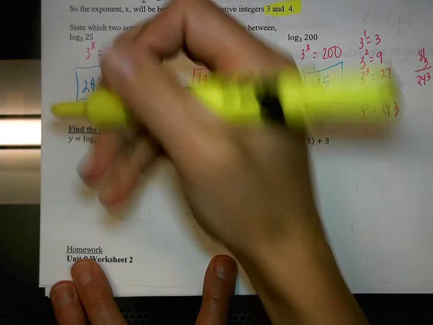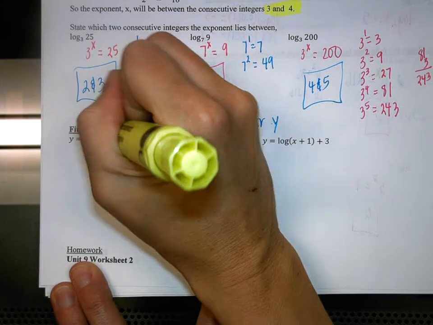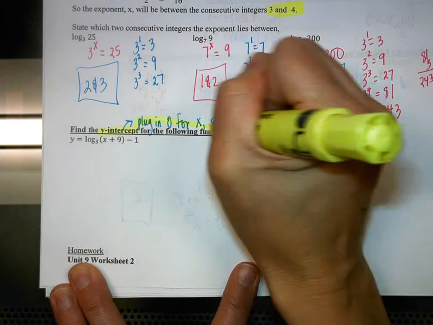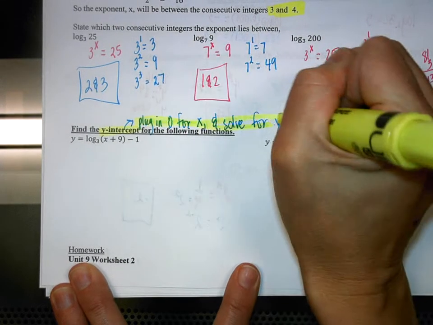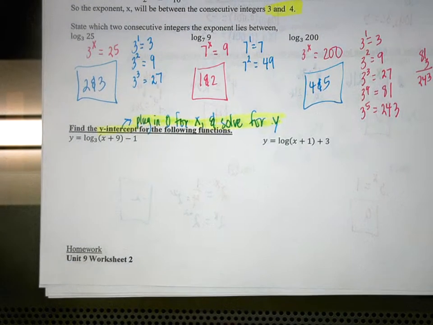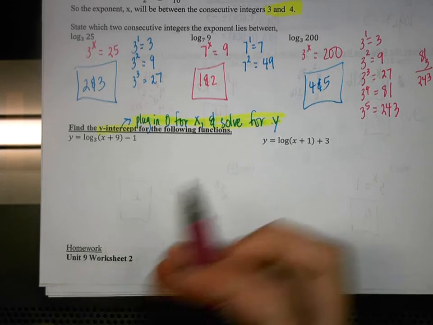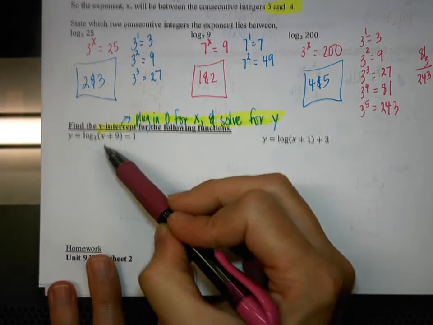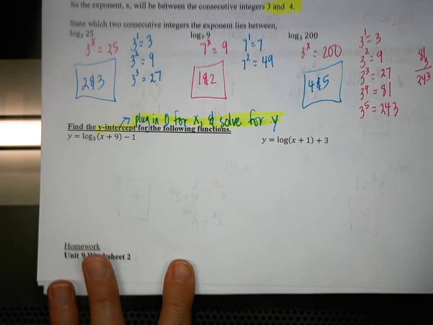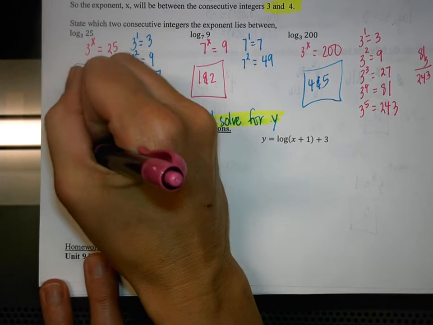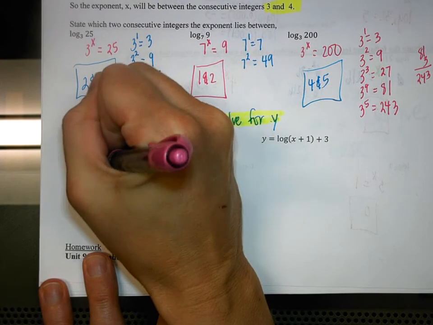Okay, so y-intercept, I'm going to highlight this so that I can see it very well when I'm doing my homework because I'm probably going to forget. So for this case, if I want to find this y-intercept, I'm plugging in 0 for x and solving for y. So I'm going to write this out so I see every single step in my notes.